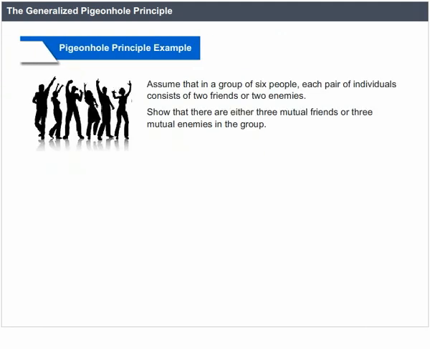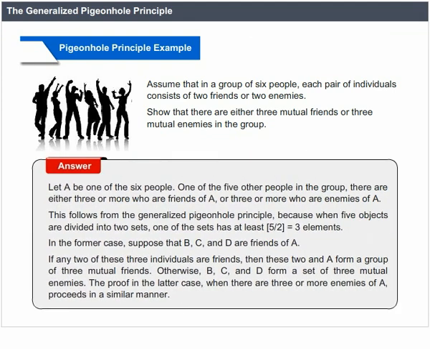Assume that in a group of 6 people, each pair of individuals consists of 2 friends or 2 enemies. Show that there are either 3 mutual friends or 3 mutual enemies in the group. Solution. Let A be one of the 6 people. Consider the 5 other people in the group. There are either 3 or more who are friends of A, or 3 or more who are enemies of A. This follows from the generalized pigeonhole principle, because when 5 objects are divided into 2 sets, one of the sets has at least ⌈5/2⌉ = 3 elements.